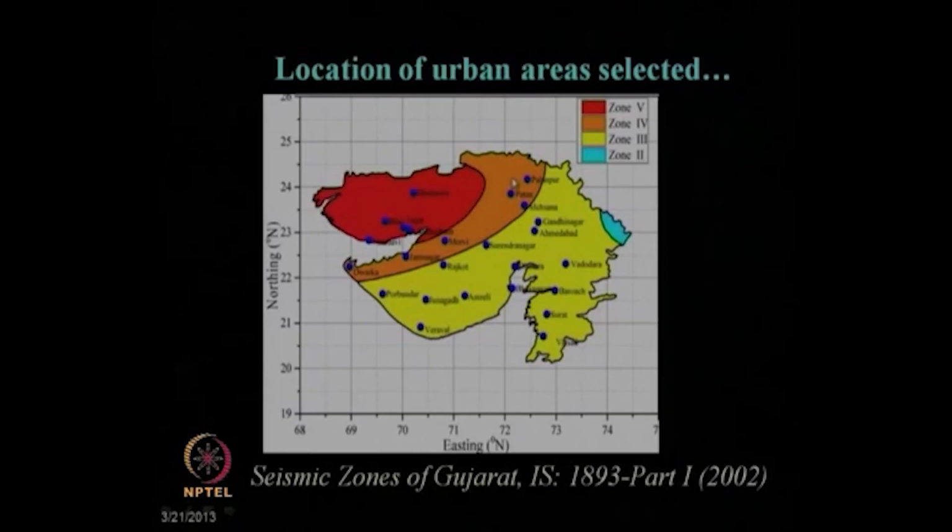Next is zone 4, lesser than zone 5, but still with significantly high seismicity possible in that area, which is the Saurashtra region, and then the mainland Gujarat region, which is in zone 3. We have not taken any city in this small area in zone 2, which is of course the least vulnerable or lowest hazard area as far as seismicity is concerned as per this IS code.